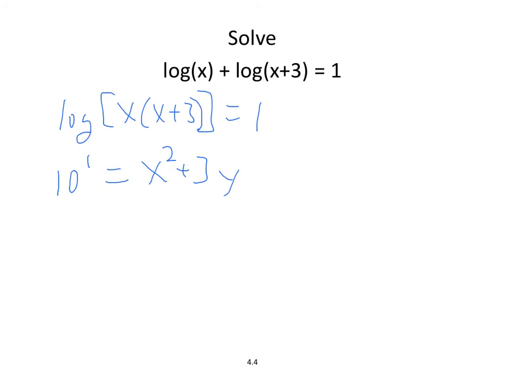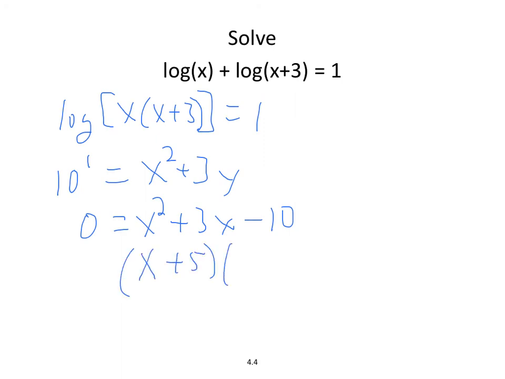Now I'm seeing a quadratic equation in x squared. So 0 equals x squared plus 3x minus 10. Now we should try to factor this, because actually this one doesn't factor too badly. If not, you're going to just use some quadratic equation solver, using a, b, and c.